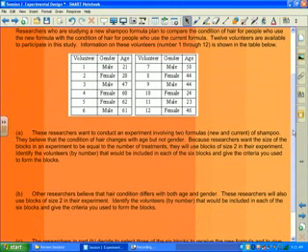Okay. Type A says these researchers want to conduct an experiment involving 2 formulas, new and current. They believe that the condition of the hair is changed by age, but not gender. So then how are you going to group them if you think the condition is changed by age and not gender? You're going to make pairs. Because the researchers want the size of the block of the experiment to be equal to the number of treatments, they will use blocks of size 2.